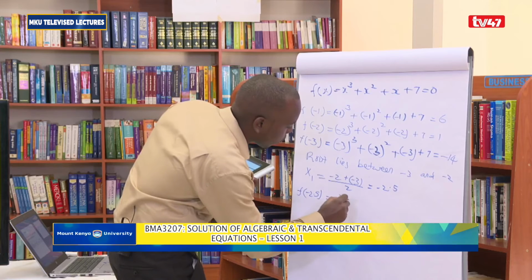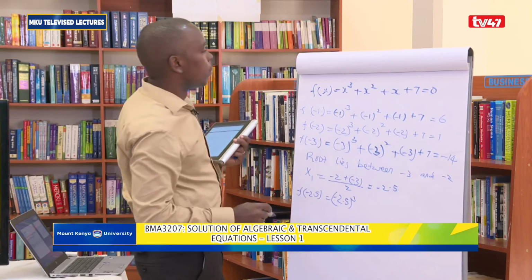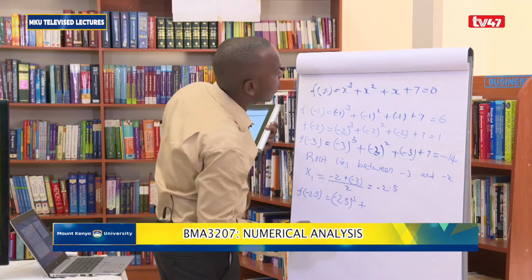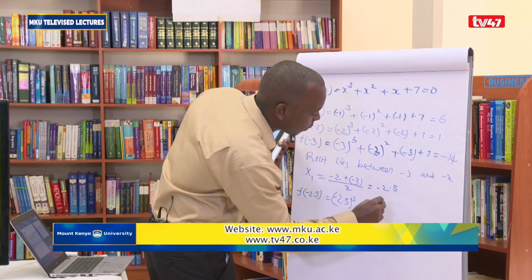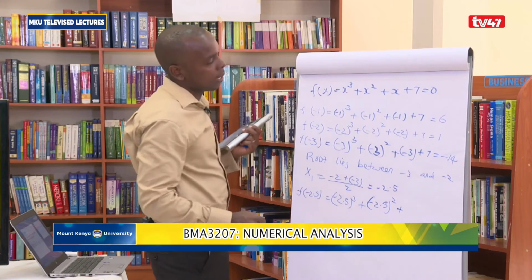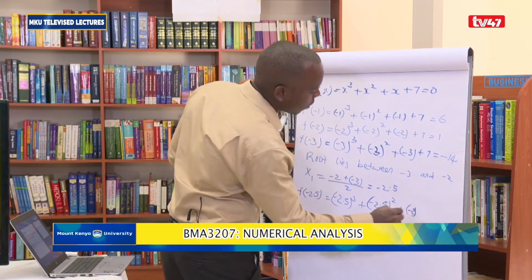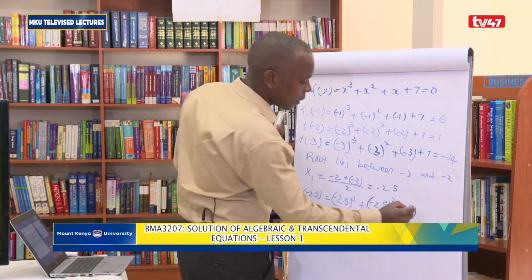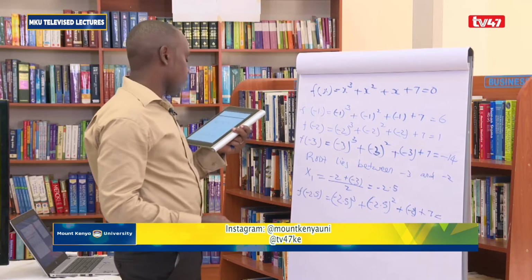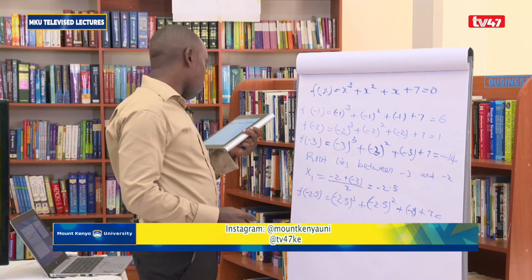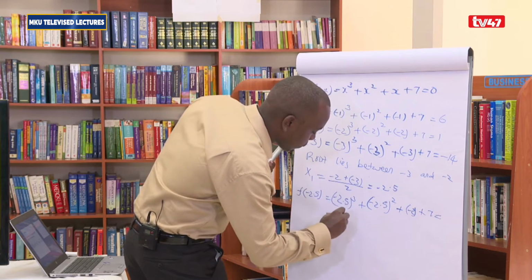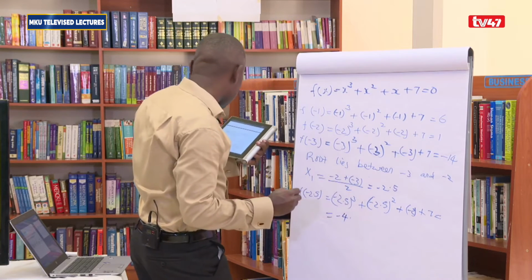We have -2.5 cubed plus -2.5 squared plus -2.5 plus 7, and we find that the value will be -4.875.